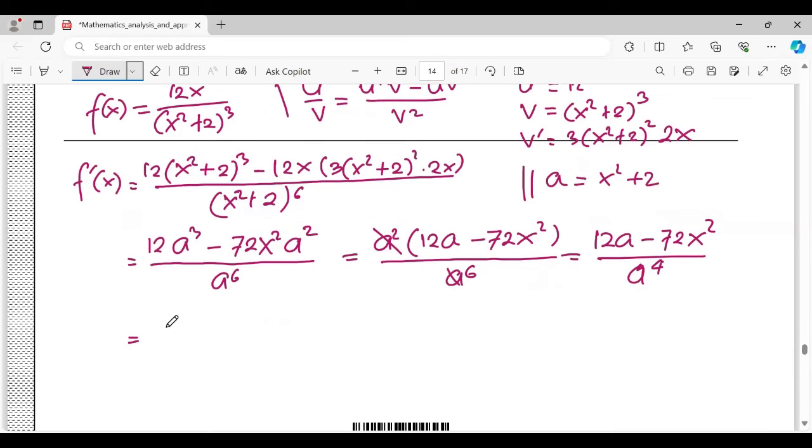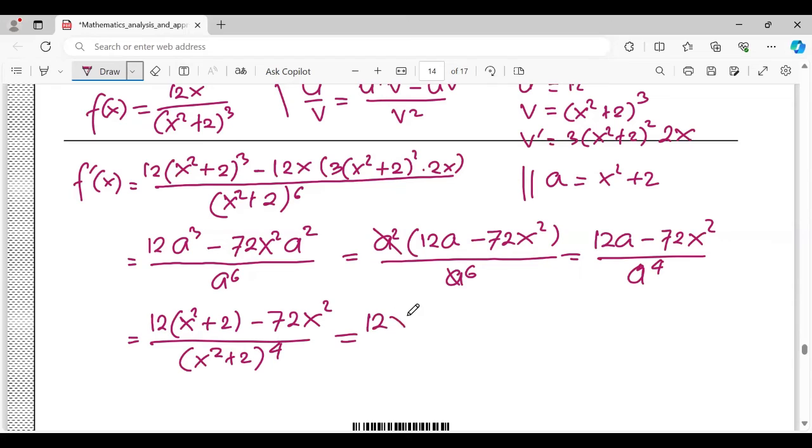So it becomes 12 times (x squared plus 2) minus 72x squared over (x squared plus 2) to the power 4.